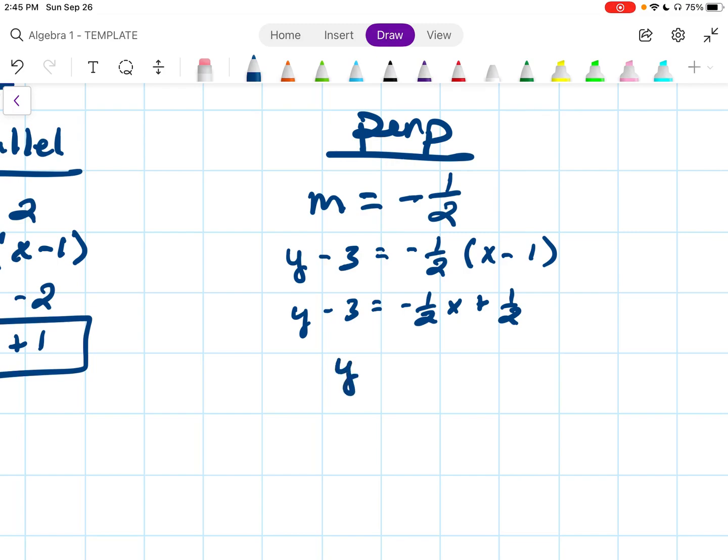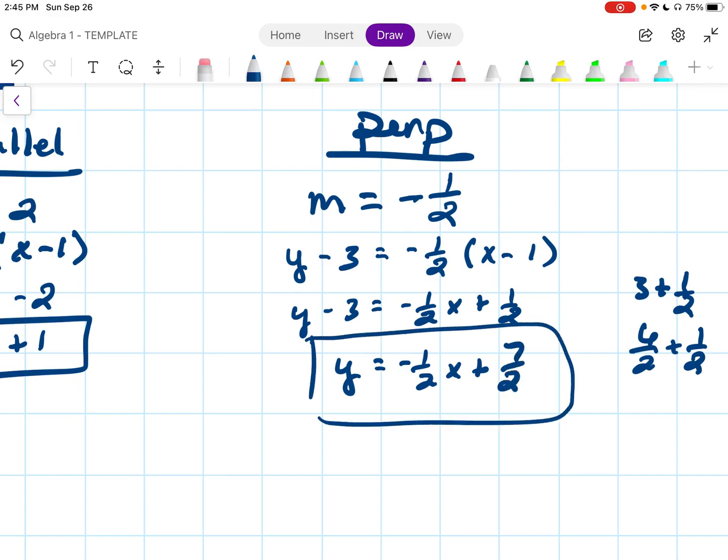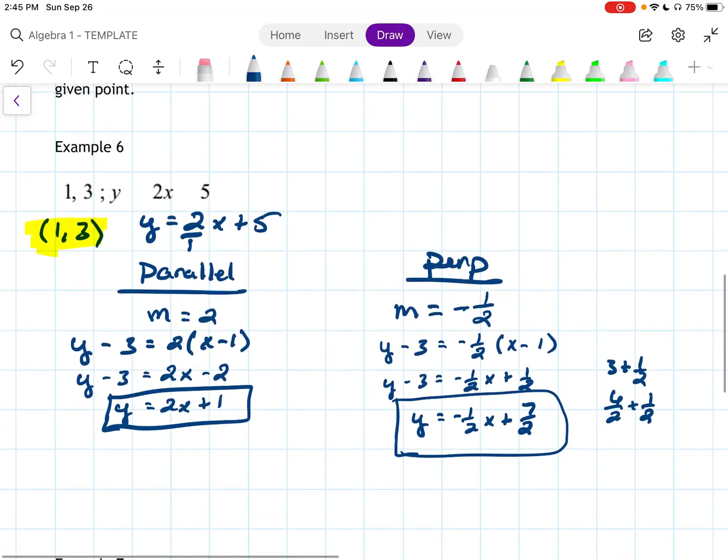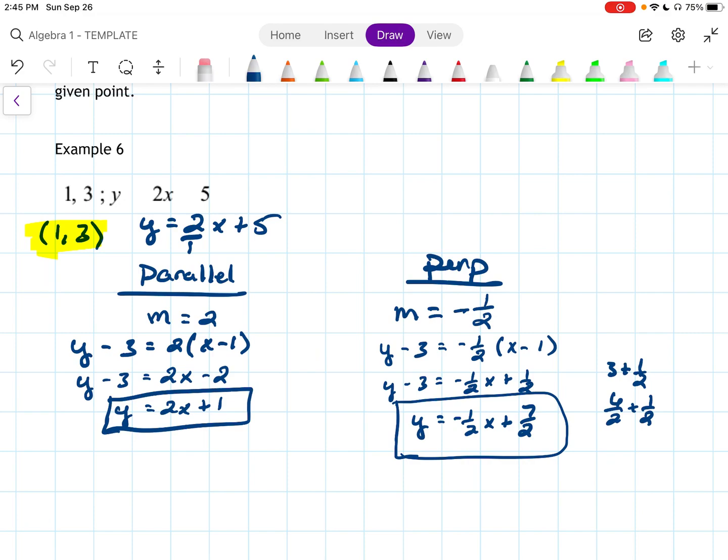Adding the 3 over, I'll have y equals negative 1/2 x plus, well, it's 3 plus 1/2. Putting that in common denominators would be 6/2 and 1/2, which is 7/2. And if you're uncomfortable with that fraction work there, just type it in your calculator. It works just the same. So there are the two answers for us, parallel and perpendicular.